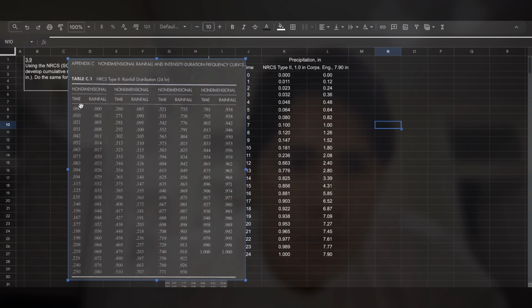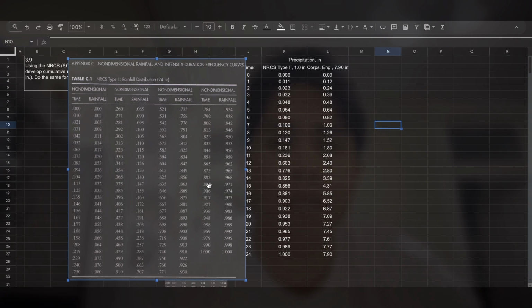So the SCS type 2, this graph here is normalized. Like if you look at the rainfall column, it goes in this way, right? Time finishes here, and continues over here, and continues over here, and continues on the fourth column. So if you notice that the last value of rainfall precipitation is 1, which means it's normalized. This is done this way.